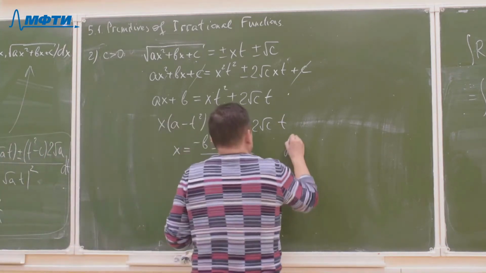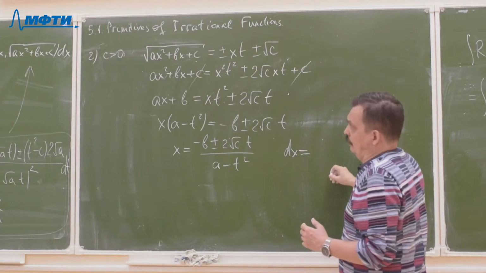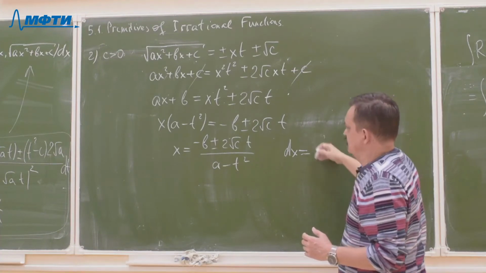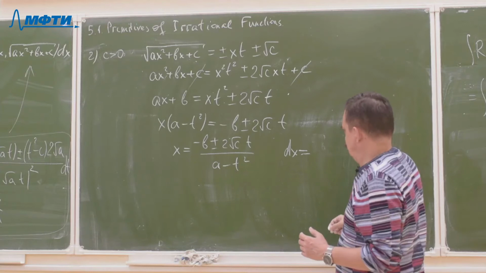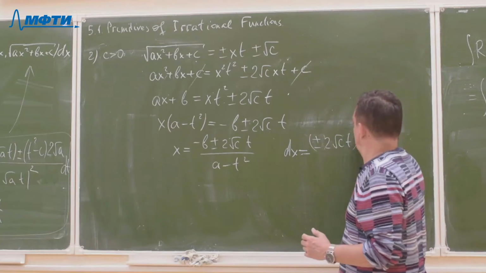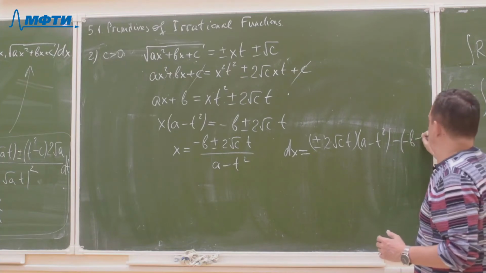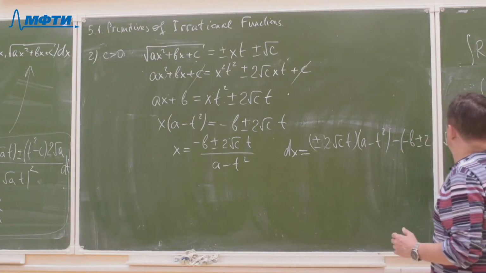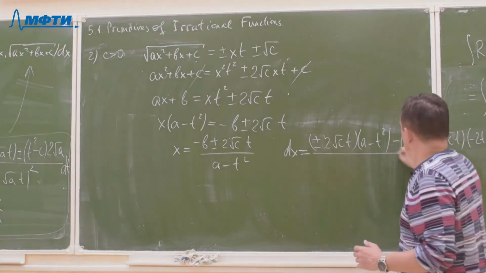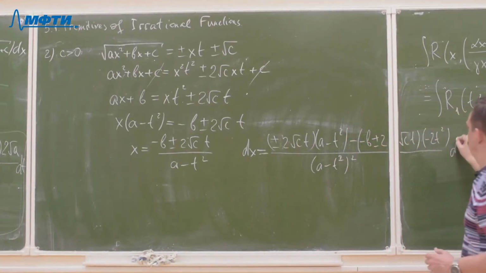So we can find dx, and that is: minus b, firstly the derivative of the numerator gives here plus or minus 2 square root of c times the denominator (a minus t squared), minus the numerator times the derivative of the denominator, over the square of the denominator, times dt.